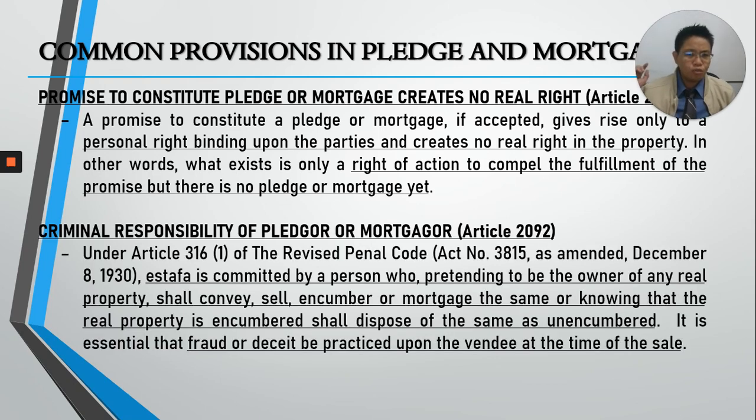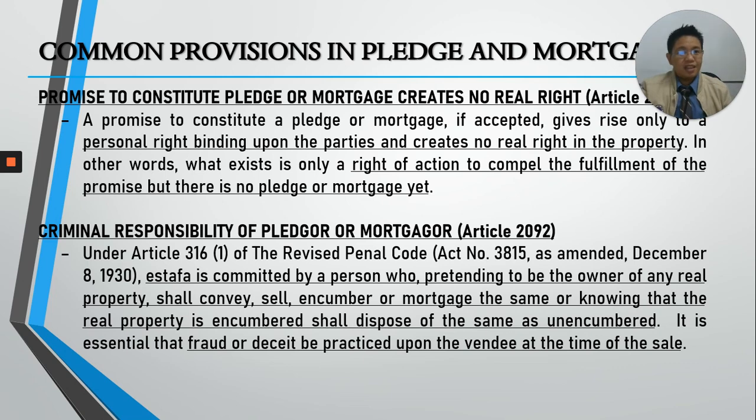In addition to this, under Article 316 of the Revised Penal Code, remember, the crime committed in case of real property is estafa. When does this happen? It is committed by a person who, pretending to be the owner of any real property, shall convey, sell, or encumber, or mortgage the same.